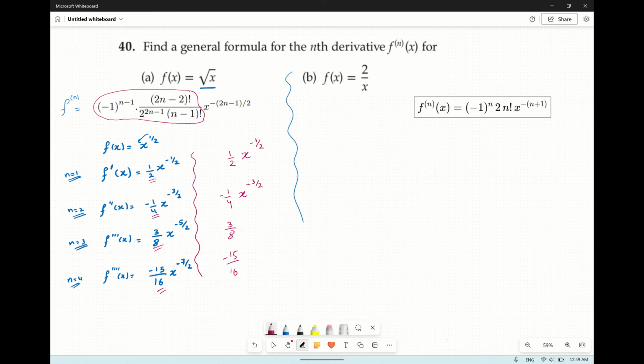Now I go to this one. I substitute 3. 3 times 2 is 6. 6 minus 1 is 5. So I will get minus 5 over 2. Now finally I will put 4. 4 times 2 is 8. 8 minus 1 is 7. So I will get minus 7 over 2. So notice how all of them are correct when using this formula over here. So this formula is correct.